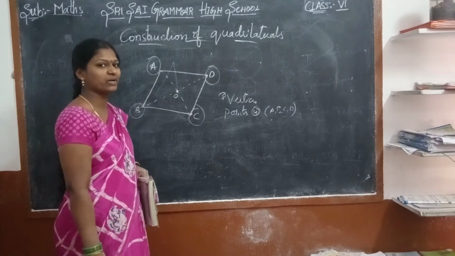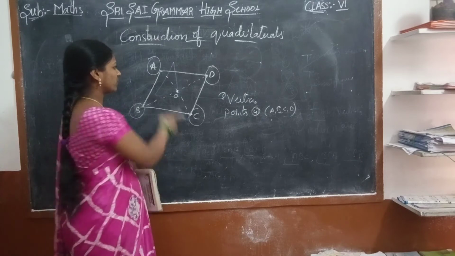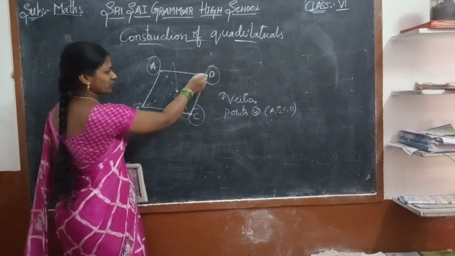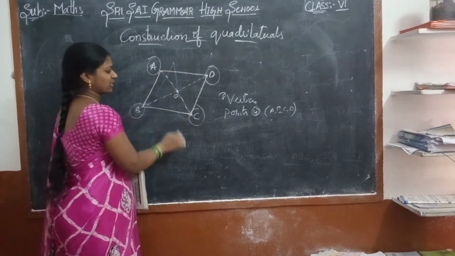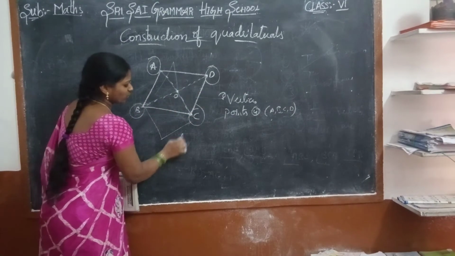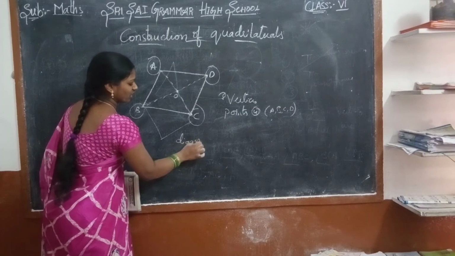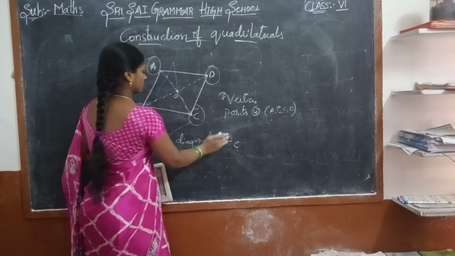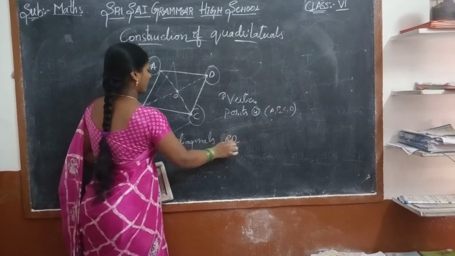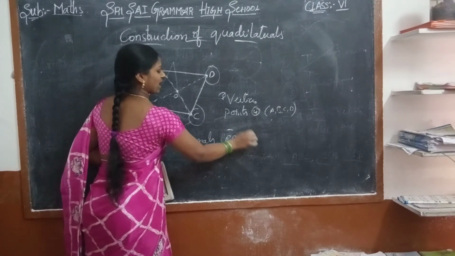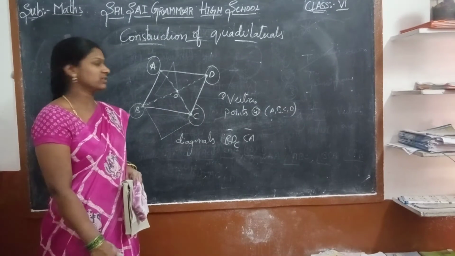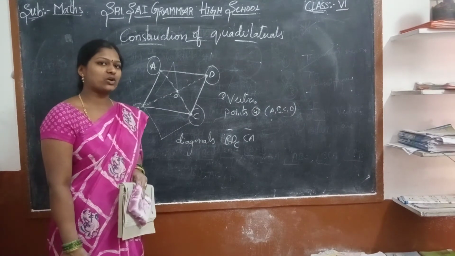AC and BD are the 2 diagonals. And here we also see the sides.